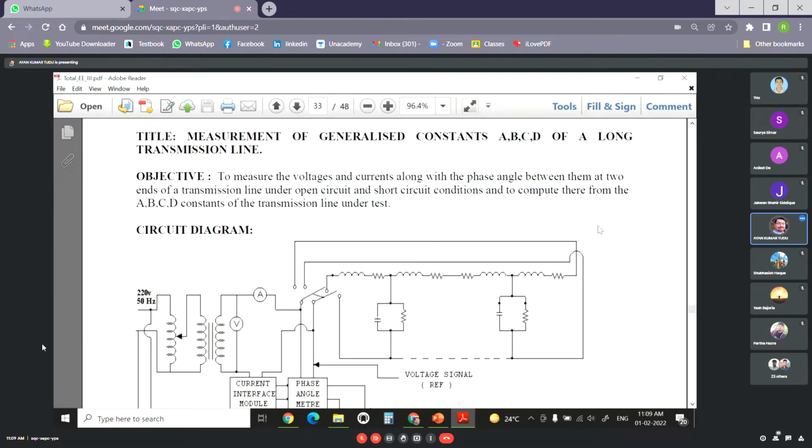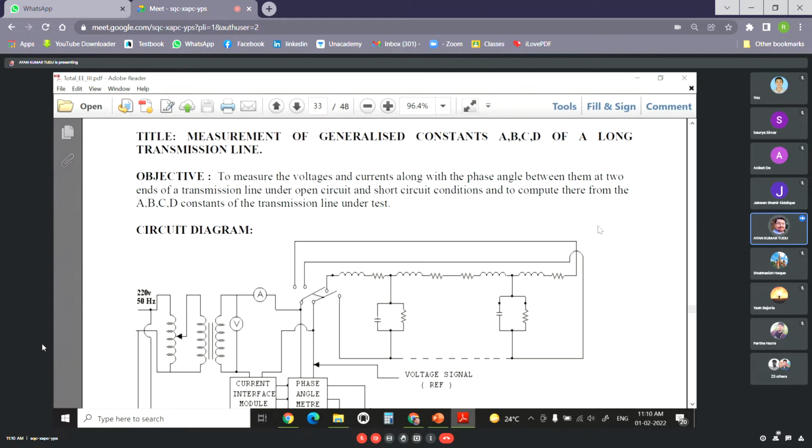If you recollect, for short transmission lines the capacitance effect is quite negligible, whereas the capacitance of lines cannot be neglected for medium transmission lines, and it may be considered to be lumped at one or more points of the line. We have the three parameters R, L, and C, and we can also take into account the shunt conductance.